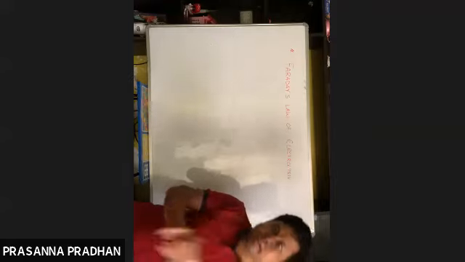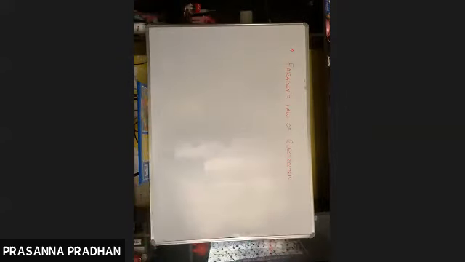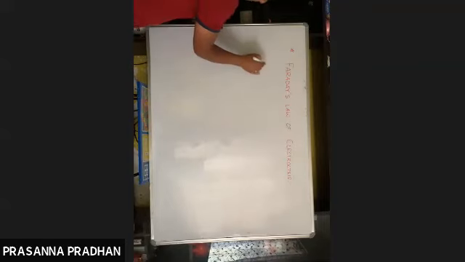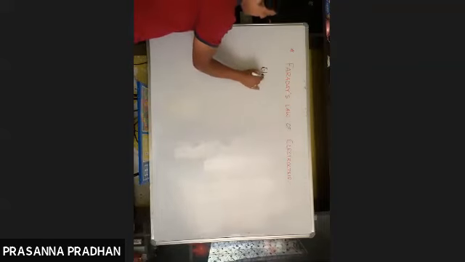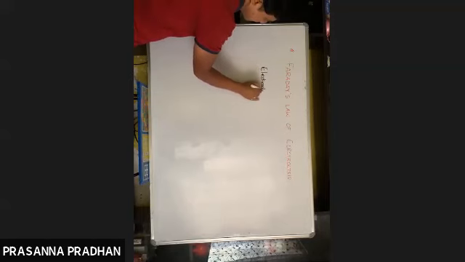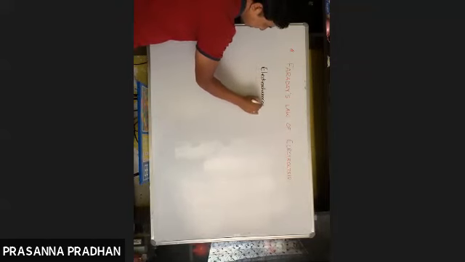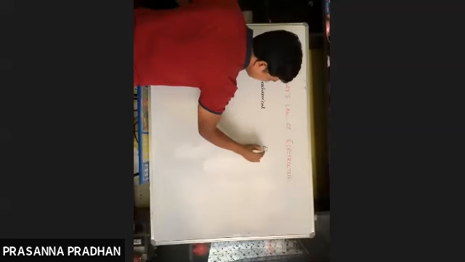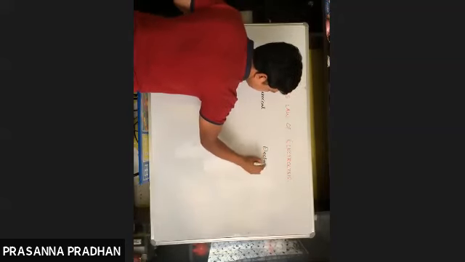If you all remember, what is the basic difference between an electrochemical and an electrolytic cell? Once more I'm just coming to that topic. One is your electrochemical cell and the other one is your electrolytic cell.